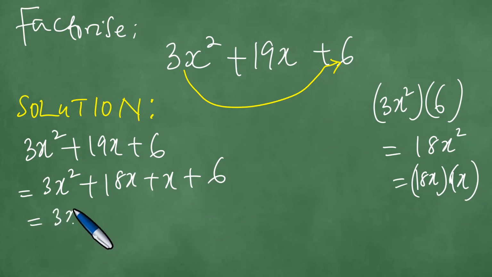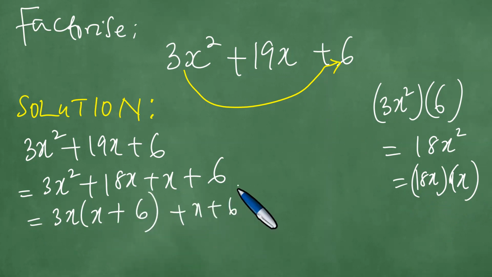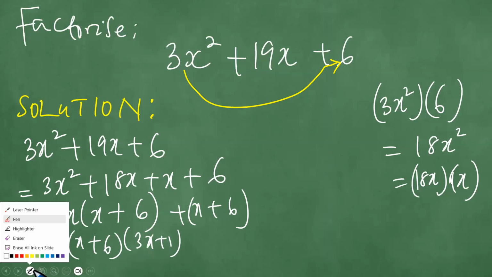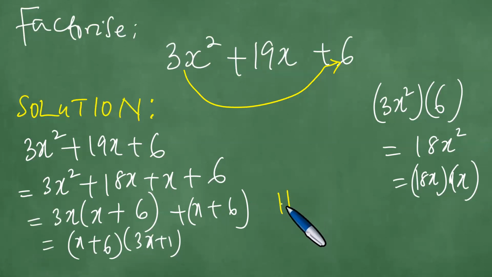So you pull out 3x out of these and you have x plus 6. Then you pull out x plus 6 because it's a common factor in terms of the highest common factor. And we have 3x plus 1. So this one is the highest common factor.